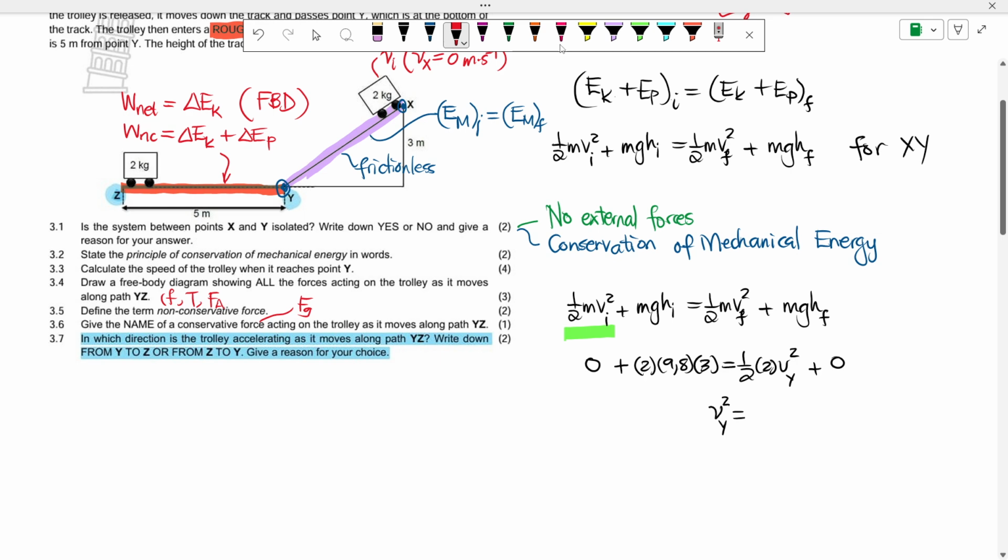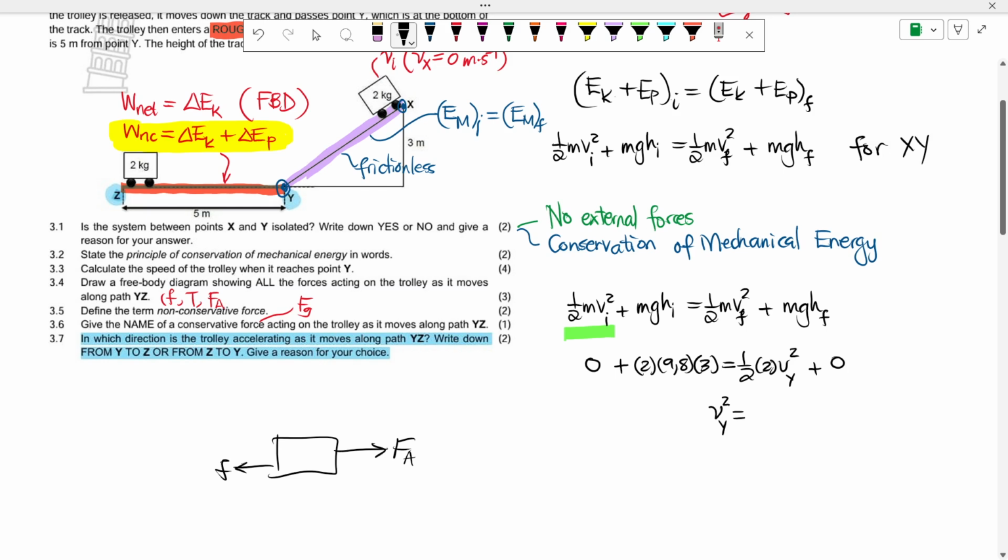Whenever you see those, once again, guys, remember to use this equation right here, work done by non-conservative forces. Let's say you have two forces that are present, the applied force and also friction.